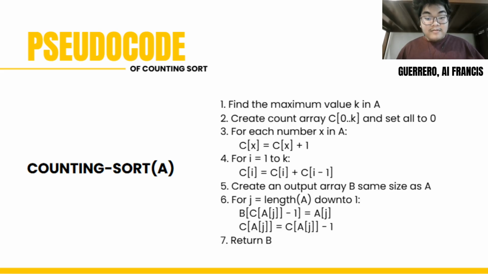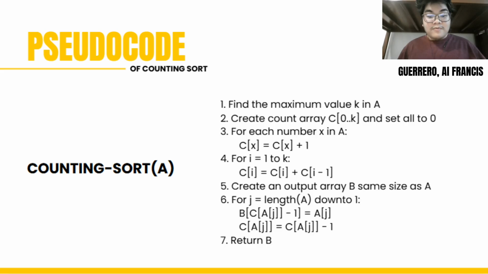In statement 4, for i starting at 1 until the maximum value k, we have to add the value of each element in array C to the previous element, and a code to represent that below. In statement 5, we create an array B with the same size as array A to store the soon-to-be sorted elements.